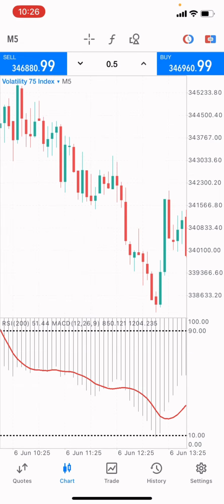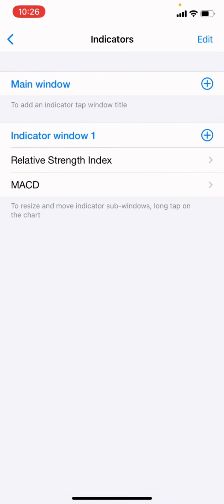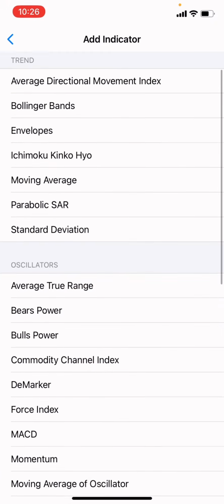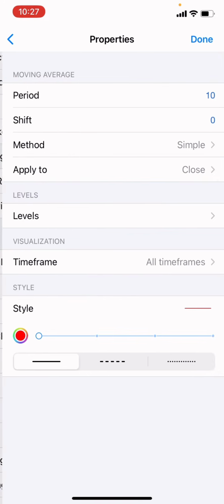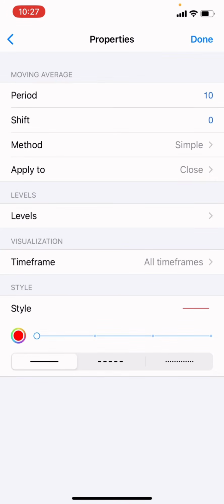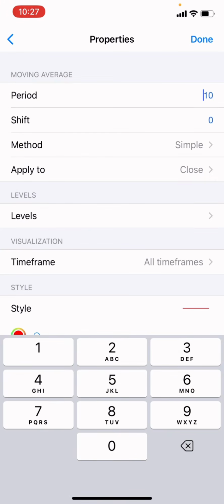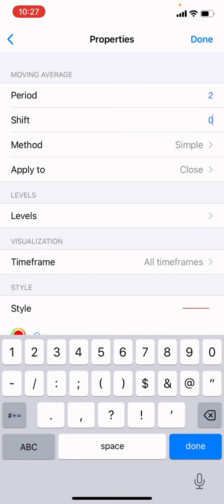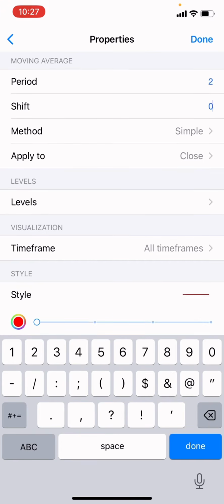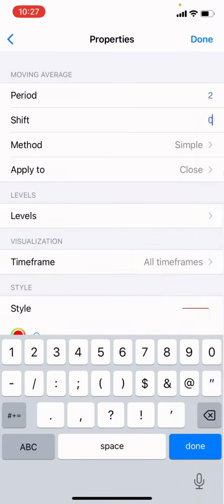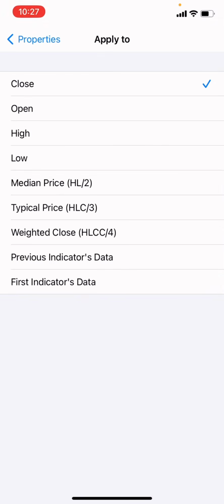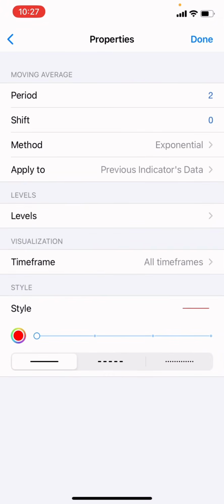Now the last indicator we're going to be using for this strategy is the moving average. You choose indicator window 1 and you choose the moving average. The period you set to 2, shift 0, and the method is going to be exponential, applied to previous indicator data.